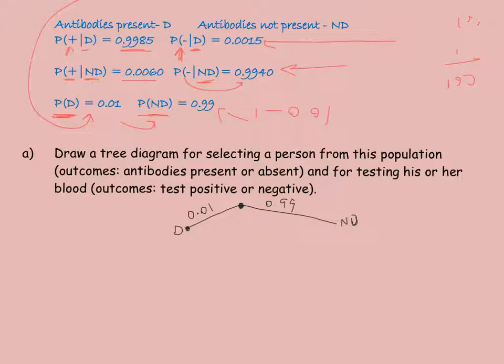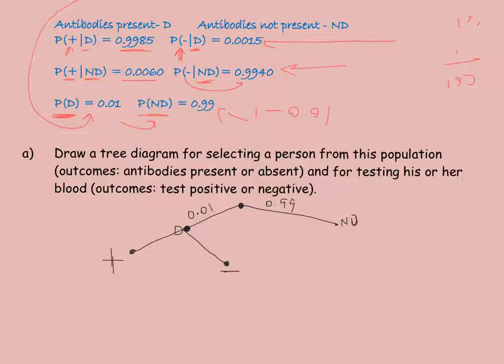Now, once we know that the person has the disease, so at this point we know the person has the disease, and if they take the test, what is the probability that they'll test positive and what's the probability that they'll test negative? So a person who has the disease takes the test. It's possible that they'll test positive and it's also possible that they'll test negative because the test is not 100% correct.